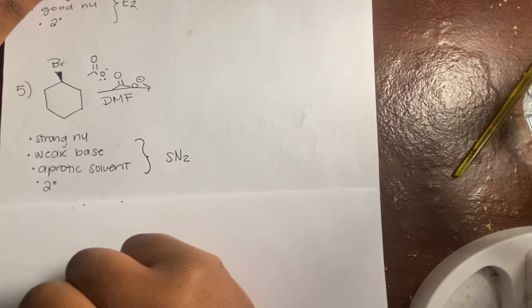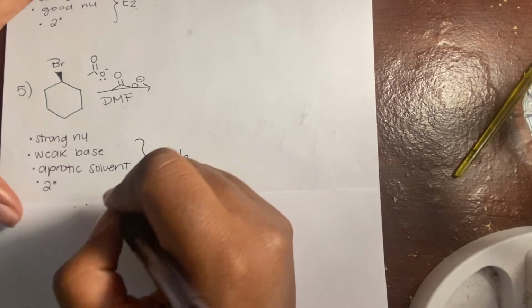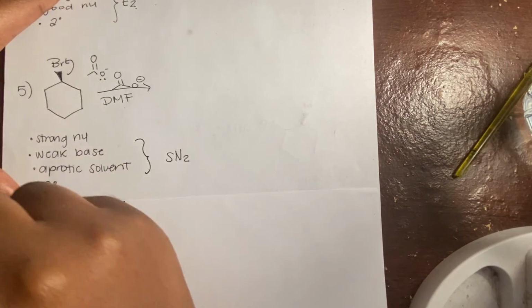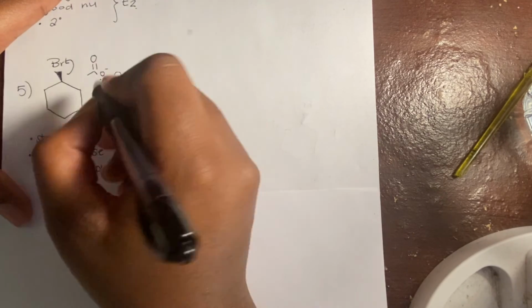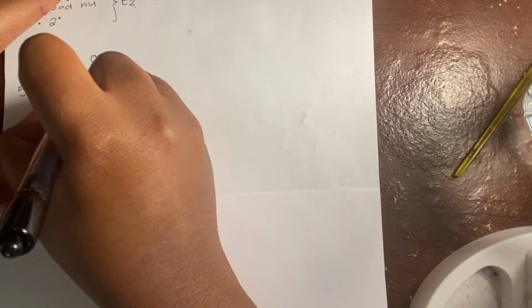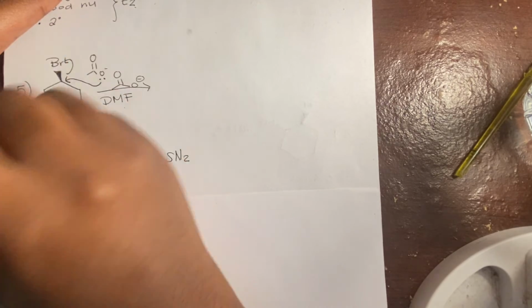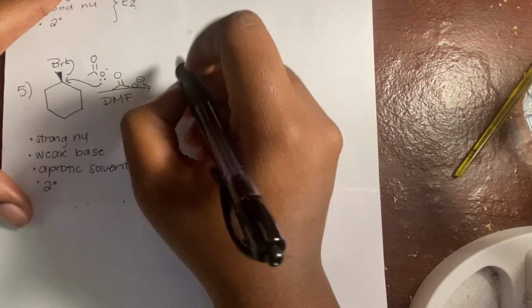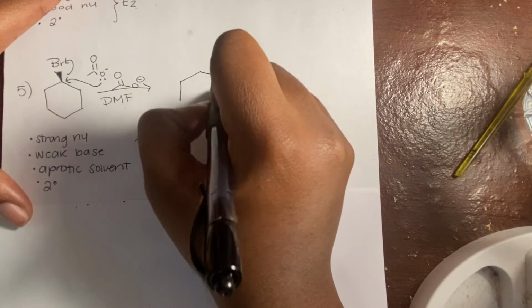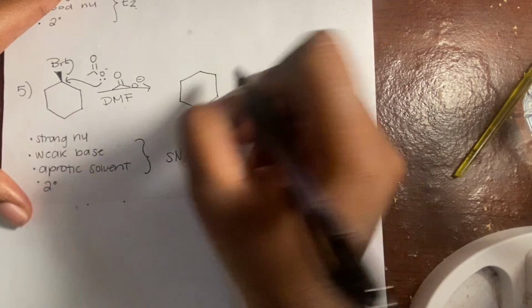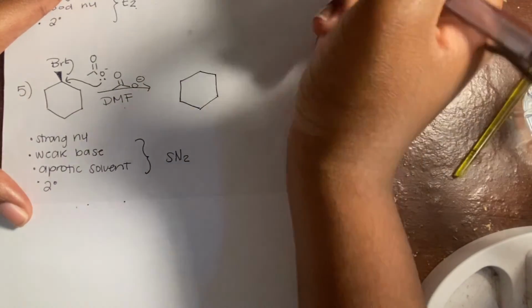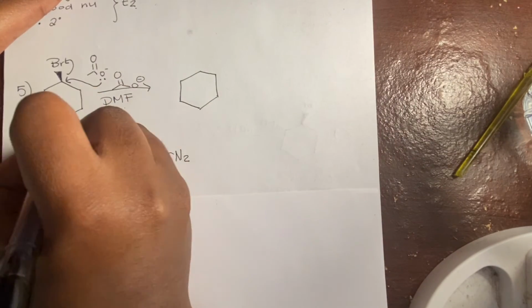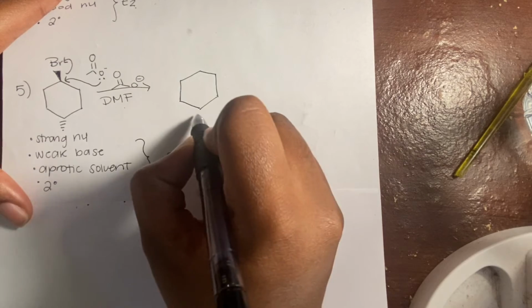As we know, Sn2 is one step, so we're going to have our bromine leave, and then we're going to have the electrons from the negative oxygen attack the electrophile to give us a product where the acetate replaces the bromine. And we should also remember that for this, oh, I forgot to add the methyl.